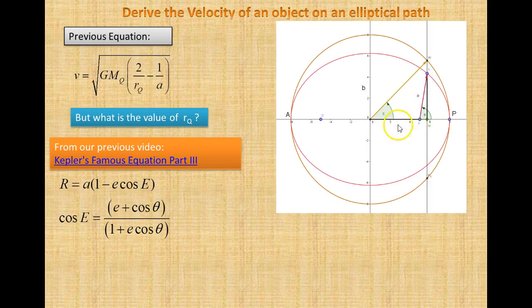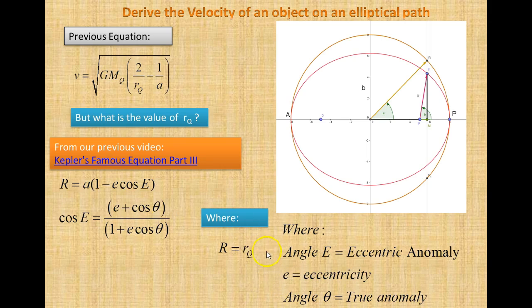So R, we determined here, was equal to A times the quantity 1 minus epsilon, small e, times cosine of big E. And cosine of capital E is equal to the quantity small e plus cosine theta divided by 1 plus small e times cosine theta, where R is equal to RQ. And angle E, the capital E, right there, is equal to the eccentric anomaly. This is the angle E, the eccentric anomaly. Small e is equal to the eccentricity, and angle theta is equal to the true anomaly.